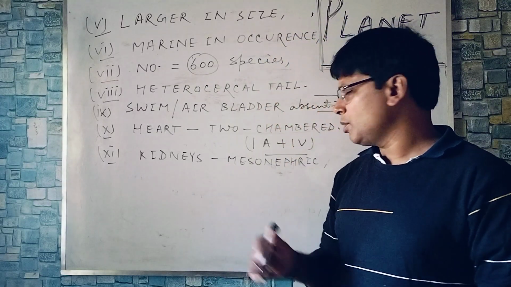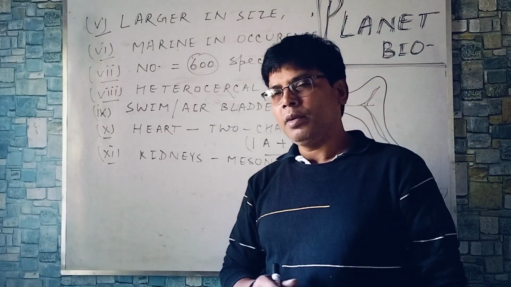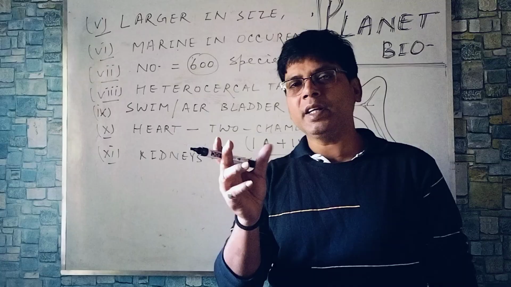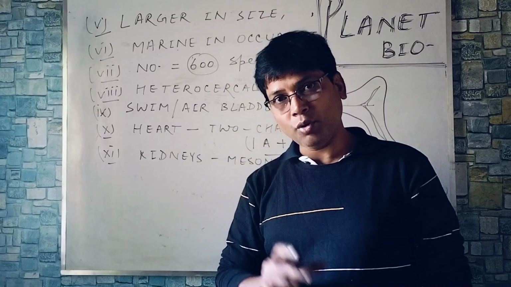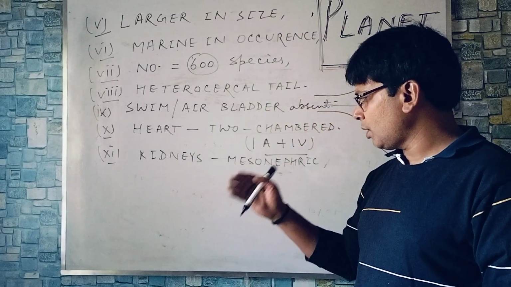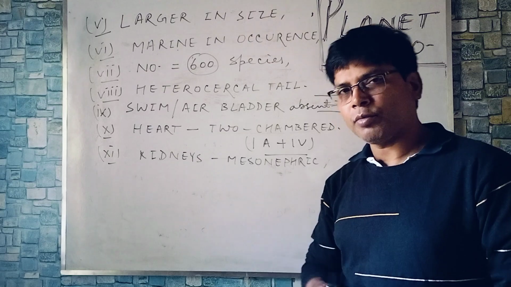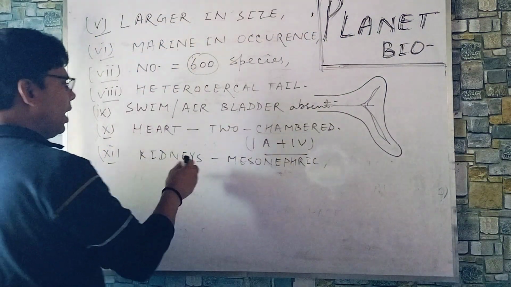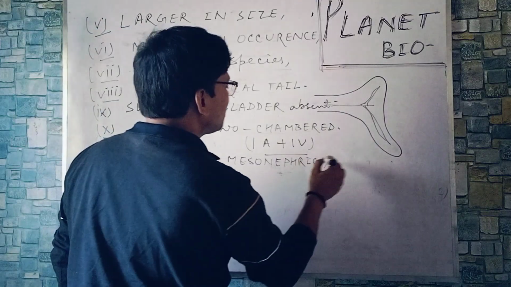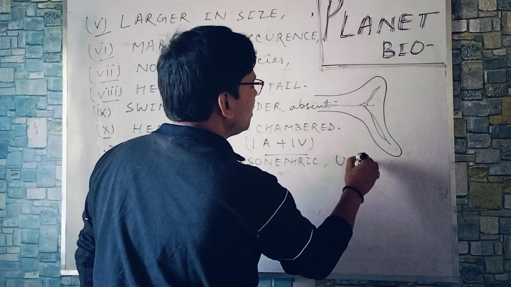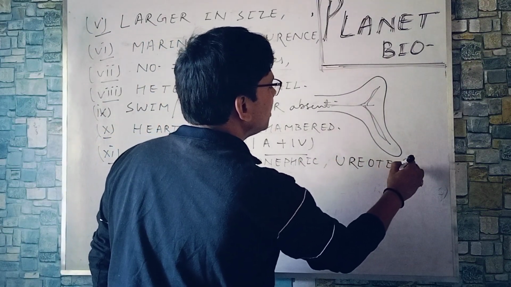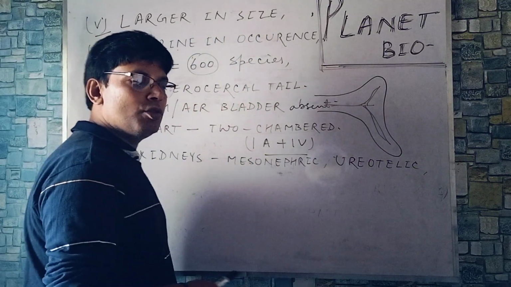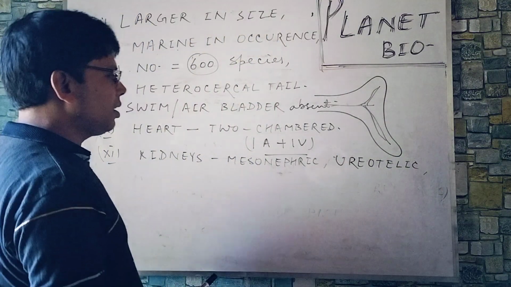This is medium size, mesonephric. But in their embryos, pronephric kidneys will be found. So pro develops to form meso, then meso develops to form metanephric. Kidneys mesonephric, and so far as the function is concerned, ureotelic. Ureotelic means these are urea excreting animals. These are like humans from excretory point of view.